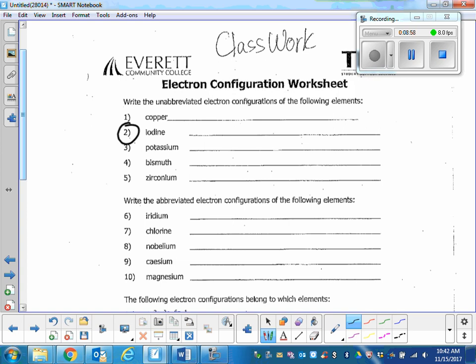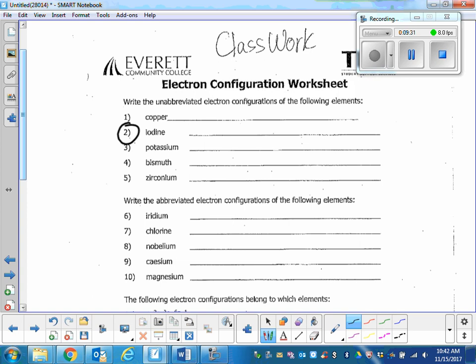Do that quickly, guys, and follow along with your finger as I write. You don't have to decorate it too much. Just number the energy levels, and I need to get started.